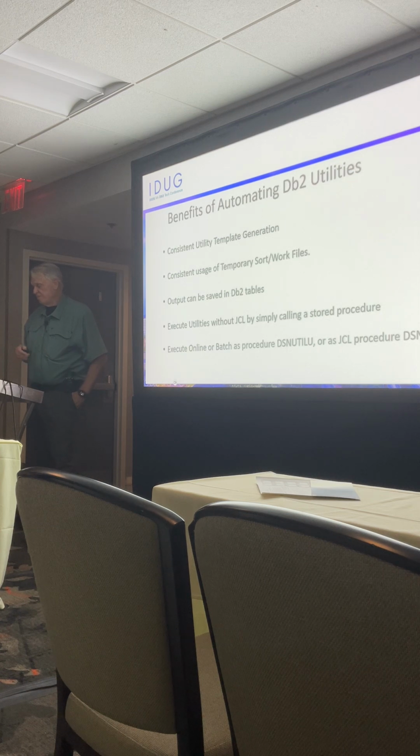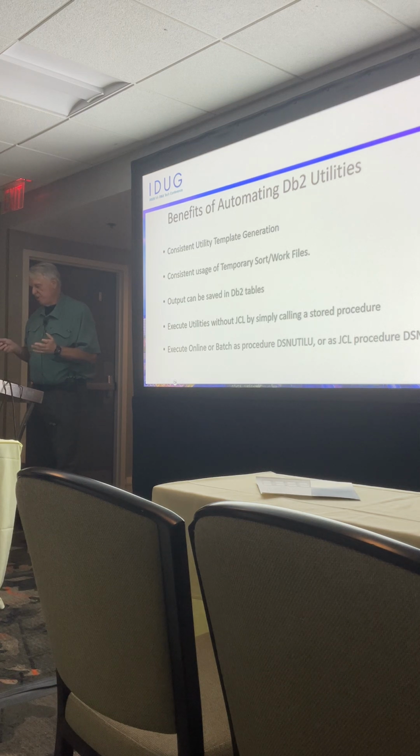The main benefit of utilities is I'm sick of copying PDS members. I just want a consistent way. So the procedure handles load, unload, reorg, run stats, rebuild, copy, modify, check data.